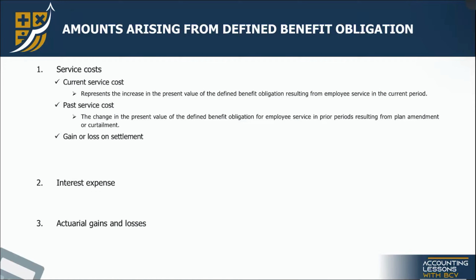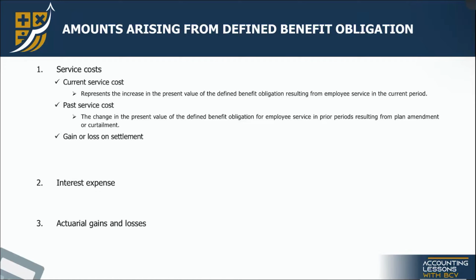So when we say plan curtailment, si employer binabawasan yung mga empleyadong entitled sa retirement plan. Binabawasan niya yung mga number of employees na i-cover nung retirement benefit plan. That is what we call plan curtailment. So whether the change results from plan amendment or plan curtailment, past service costs will be recognized.